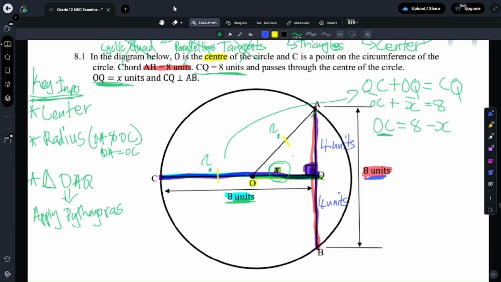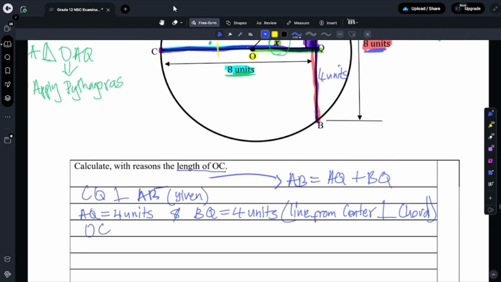So in order for us to find the length of OC, we need to know the value of X, which at the moment is unknown. Remember, OC plus OQ is equal to CQ. OC is our unknown plus our OQ, which is X, is equal to CQ, which is 8 units.